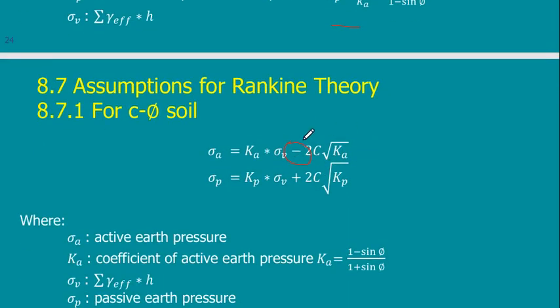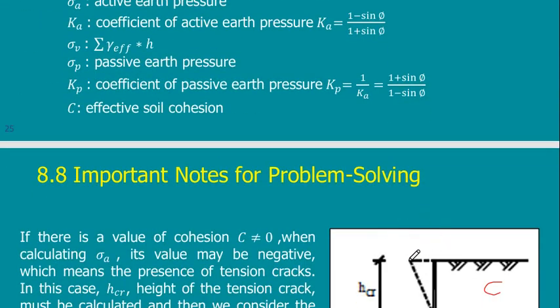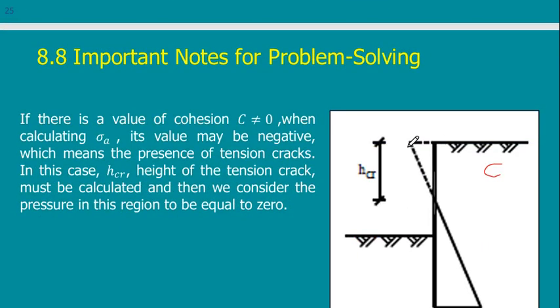So I will start here where the vertical pressure will be 0, so it is only negative due to C. In this case I will have negative pressure on the wall. Negative means the soil is not pushing the wall, but the soil is going away from the wall. Once I go below, the overburden pressure starts to increase.